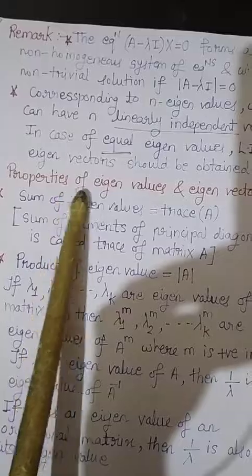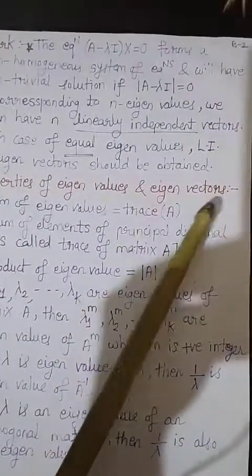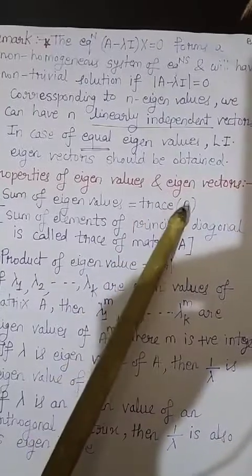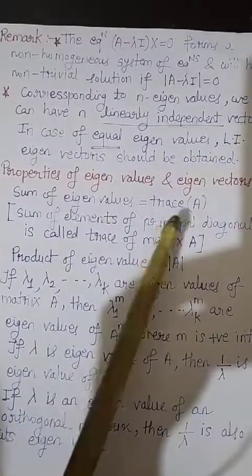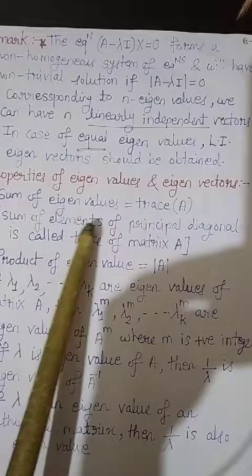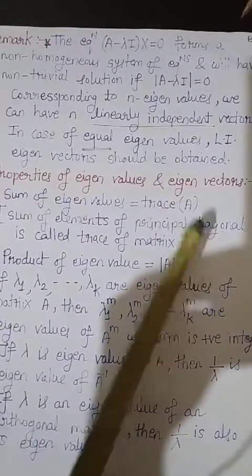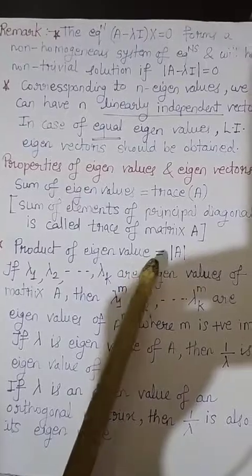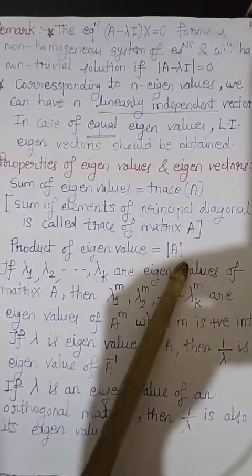Let us see what the properties of eigenvalues and eigenvectors are. The sum of the eigenvalues must be equal to the trace of the matrix A. What is meant by trace? Trace is the sum of elements of the principal diagonal. The next is, the product of eigenvalues of a matrix A must be equal to its determinant.